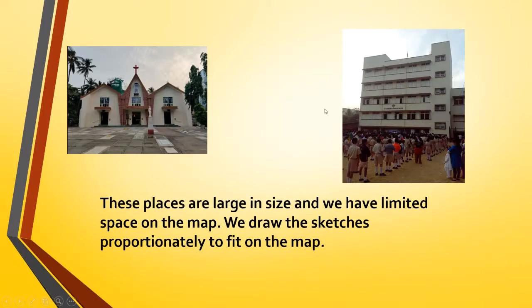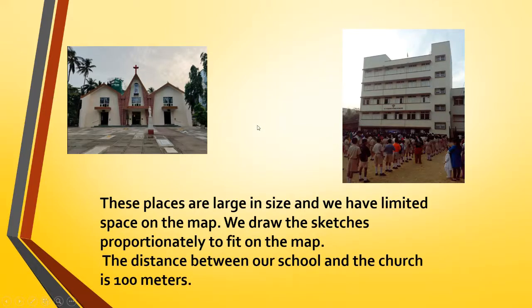After fitting the places, what about the distance? The distance also has to be fitted on the paper when the cartographer is drawing. Supposing the distance between our school and the church is 100 meters. The church is 100 meters far from the school.